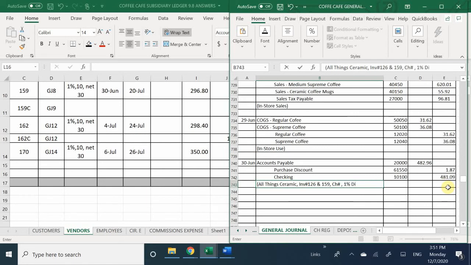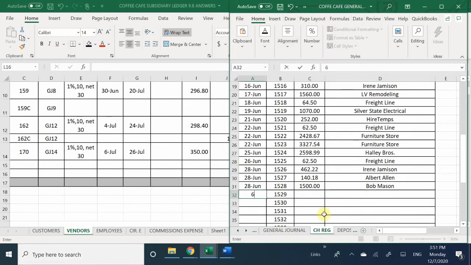And so now we need a check number. The 30th.